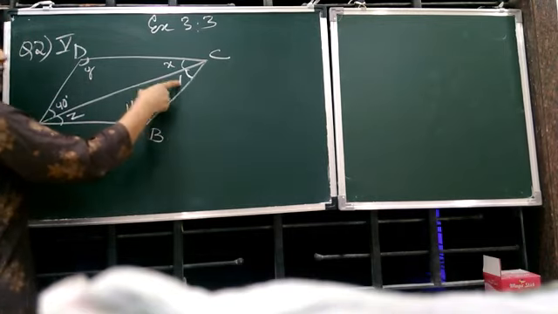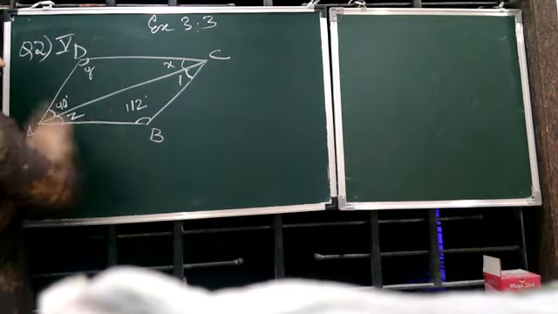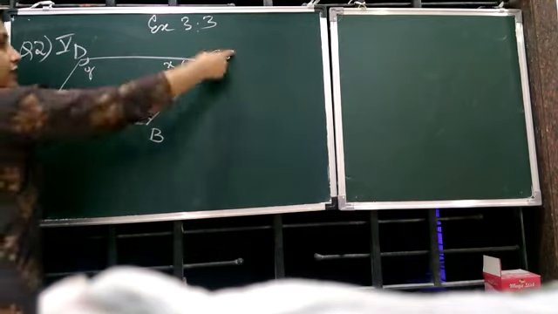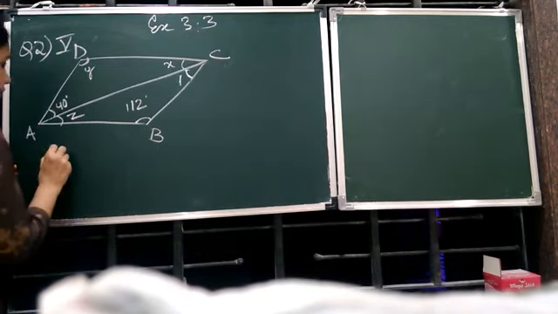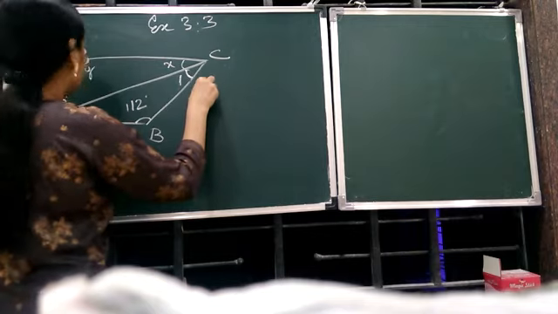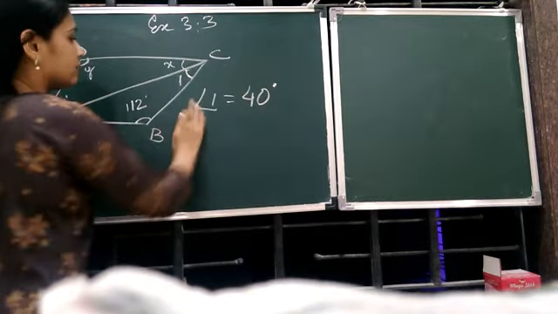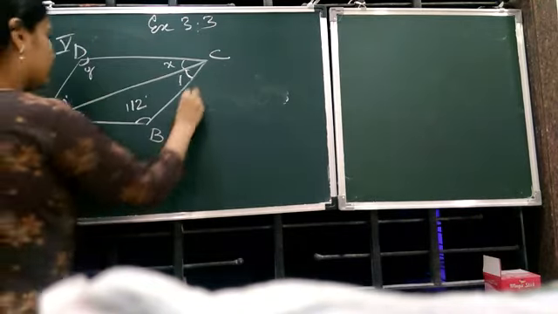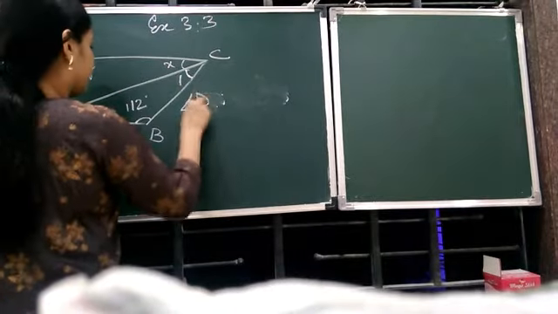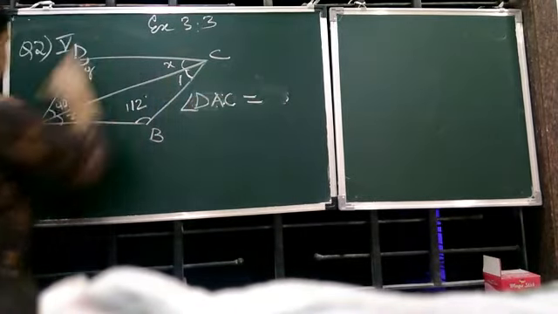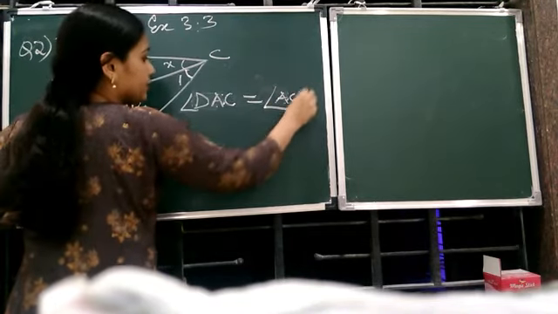So, the 40 degree angle, that is angle DAC, and ACB are equal. We will write angle DAC is equal to angle ACB.